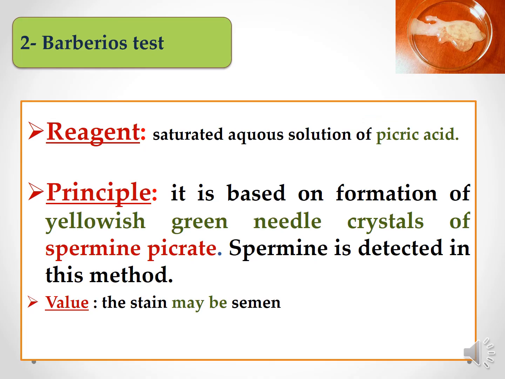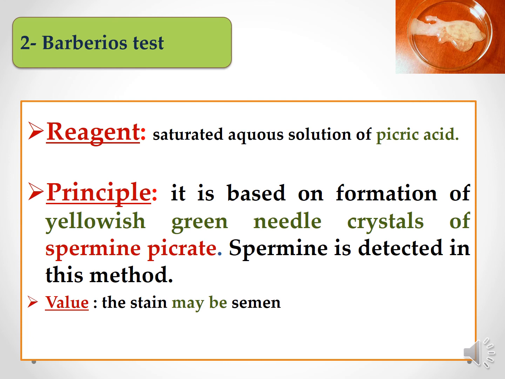Number 2, Barberio test. Reagent: saturated aqueous solution of picric acid. Principle: it is based on formation of yellowish green needle crystals of spermine picrate. Spermine is detected in this method.